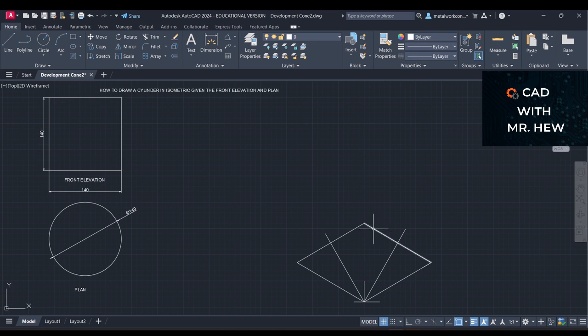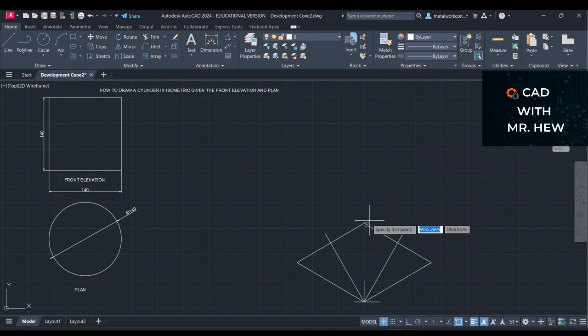At this point where these two lines meet, we're going to draw 60 degrees from this point coming down, on this side and on the left side, relative to this vertical line here, which was the starting line that we used to start off our isometric drawing.